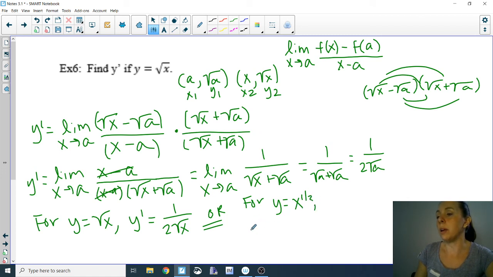Then y prime is equal to, and I'm going to write this expression as x to a power. I have this 1/2 here, let's put an x beside it, and it is a square root of x again, so it's a 1/2 power again. However, since it's in the denominator and I'm taking it out of the denominator, I'm going to write it as a negative 1/2 power.